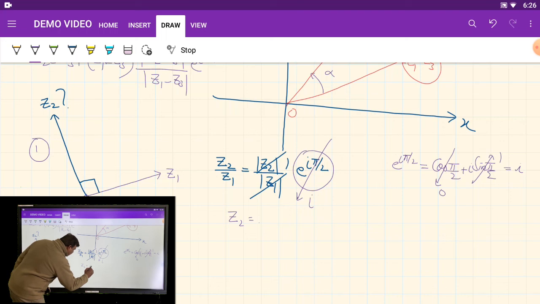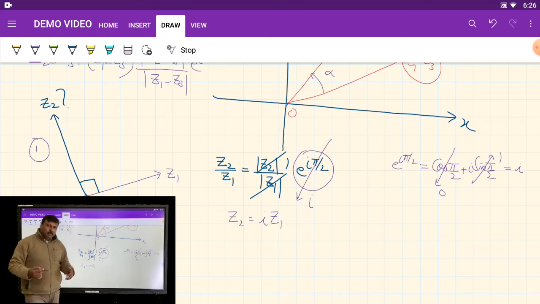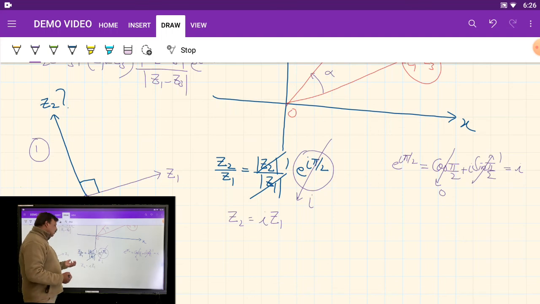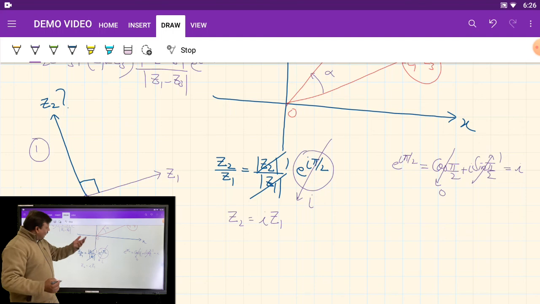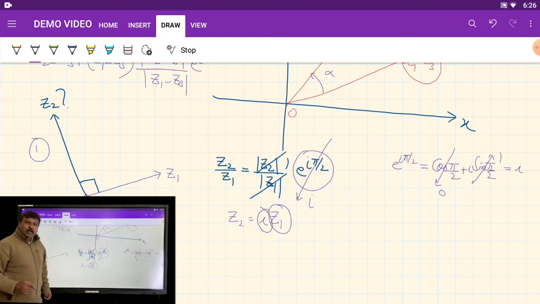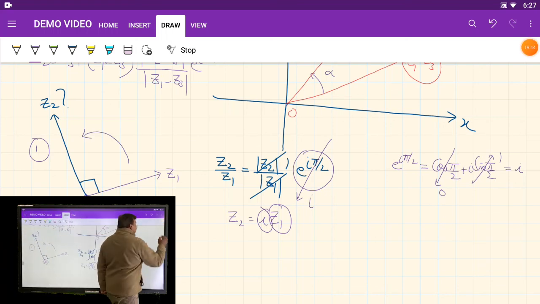Z2 is iota Z1. So that means if we multiply a complex number by iota, it gets rotated by 90 degrees in the anti-clockwise direction. Wow, what a concept we have learned. Come again, once more. If a complex number is multiplied by iota, it gets rotated by 90 degrees in the anti-clockwise direction. Okay?